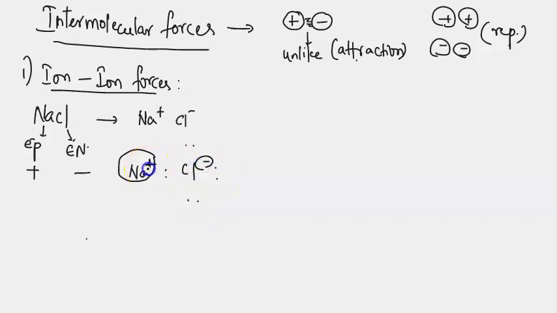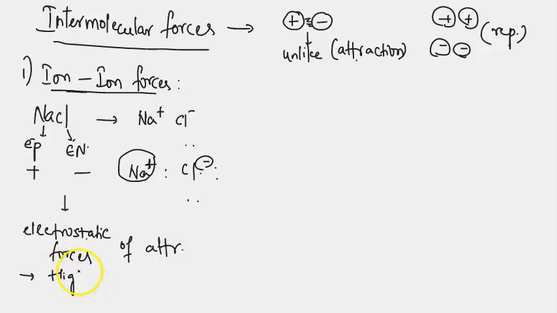So between these positively and negatively charged ions, the attractive forces that we see are called ion-ion forces of attraction, or we can also call them electrostatic forces of attraction because they exist between two point charges. And these are said to be the highest magnitude of interactions that exist between the ions. They have the highest magnitude.